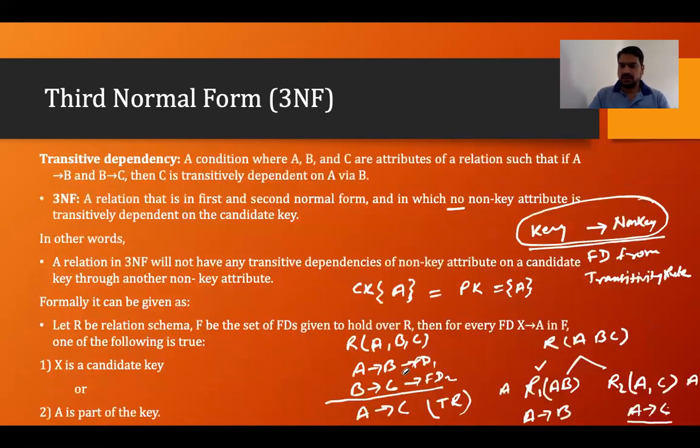In the same way, in the example I told you here, A determines B and B determines C, we are getting A determines C, right? Now, because of which functional dependency are we getting the problem? We are getting the problem with this functional dependency, which is B determines C. So here also the splitting will be like this.